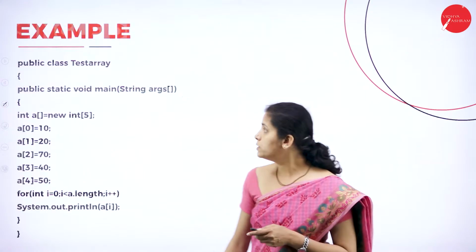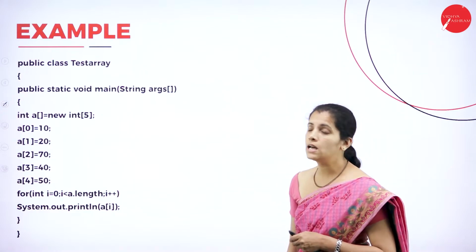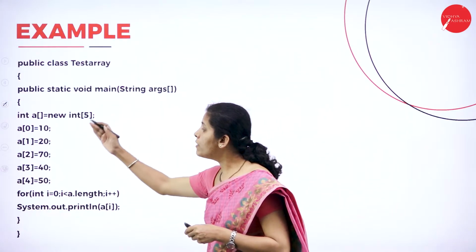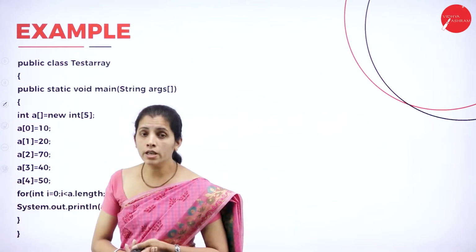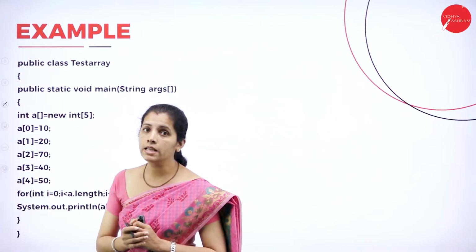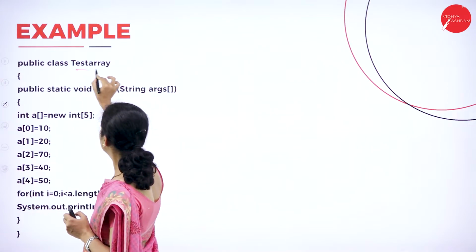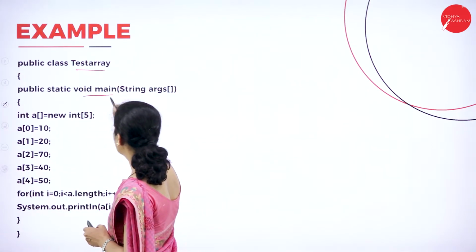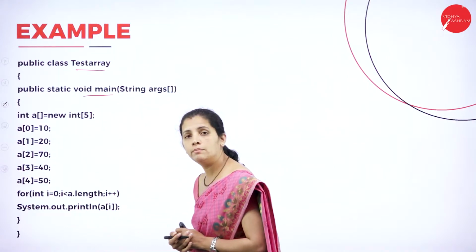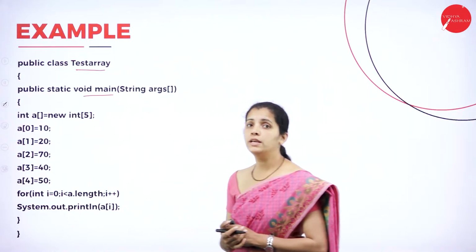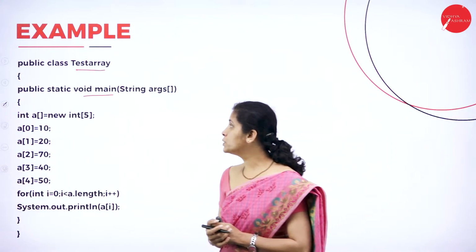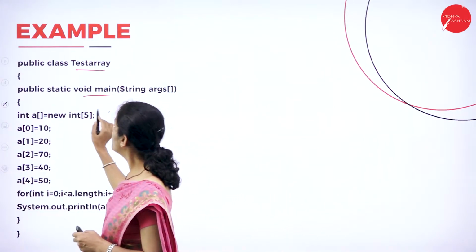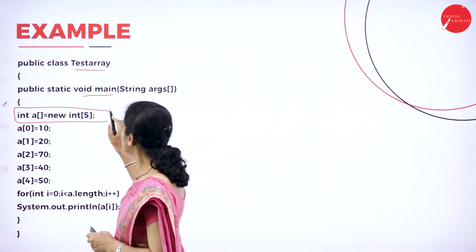Now let me consider a simple example where I'm going to have 5 elements. So dear students, what is my class name here? That is TestArray. And I'm going to have the main function in my class, and the actual execution of the program starts from the main function. Then here I'm going to create the array.